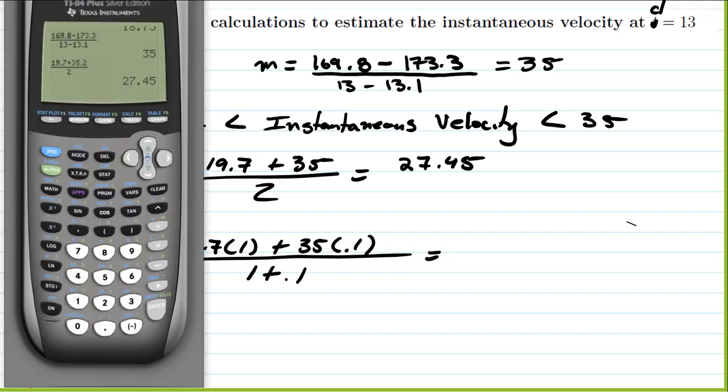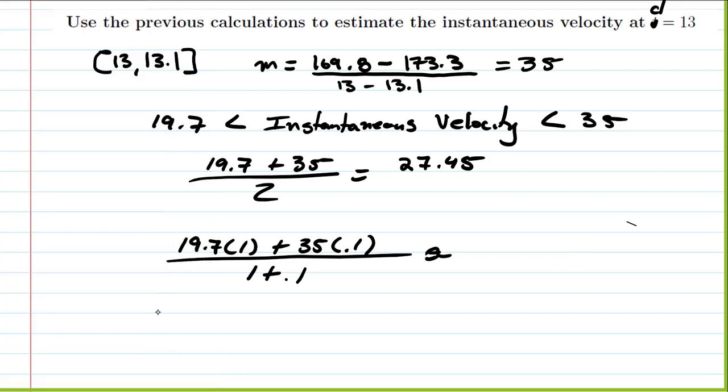And if we do this approximation on our calculator for our weighted average, we have 19.7 times 1 plus 35.2 times 0.1 all over 1 plus 0.1, and we get 21.11, and that's our weighted average.